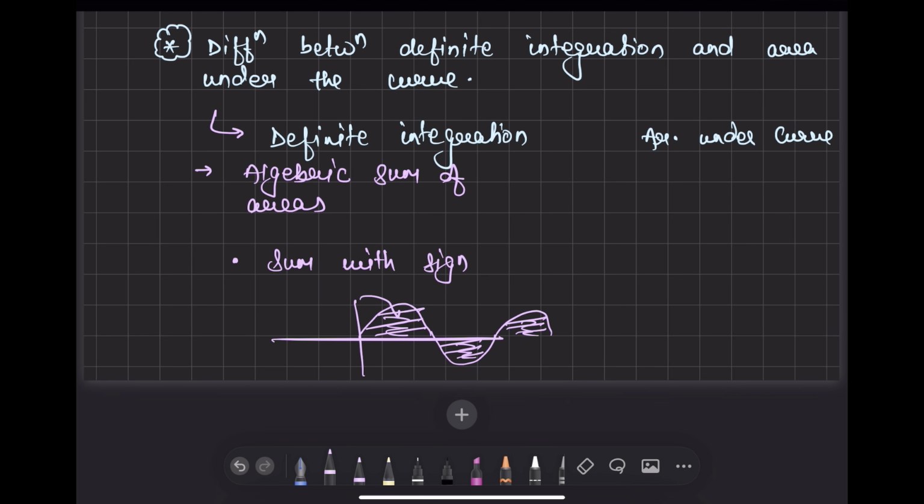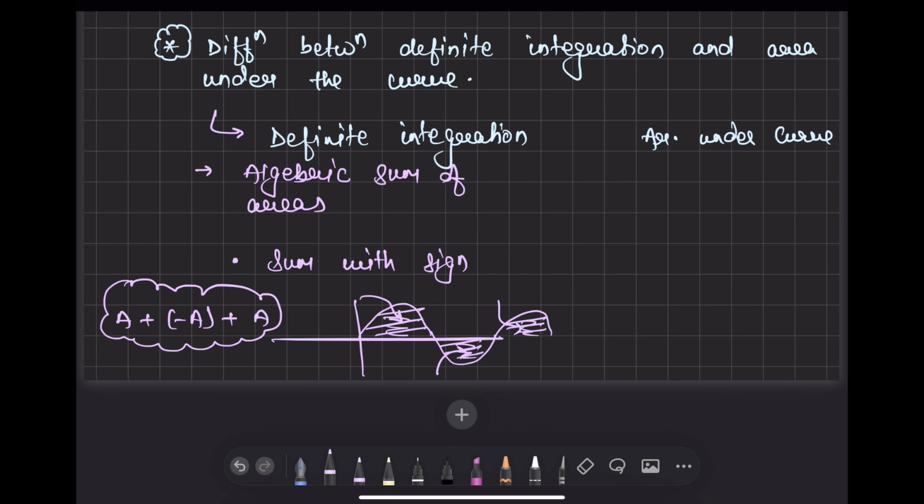Suppose that this area is a, this area is minus a, and this area is plus a. So how will you respond? You will do a plus minus a plus a. This will give you the result of definite integration.